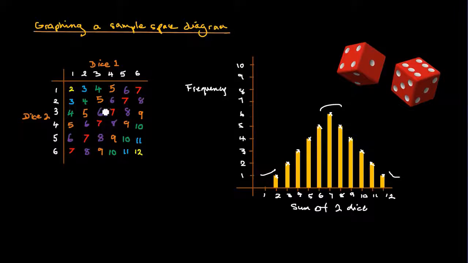So interesting to increase this to 3 dice, 4 dice, 5 dice or more, start to see what's happening to the diagram. But of course, if it gets above 2 dice, then we can no longer use the sample space diagram. So remember, the limit for a sample space diagram is, of course, 2 events.